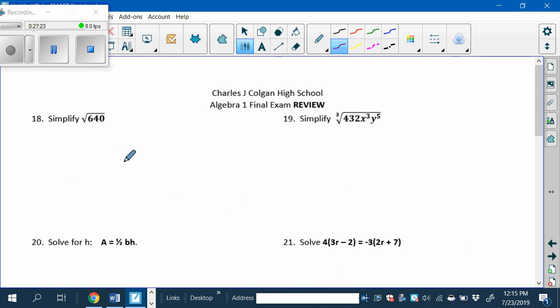So now, when we're simplifying this, we're taking the square root of 640. So I'm going to do prime factorization again. One of the easiest ways to divide this is by 5, right? So this is going to be 5 times, let's see, 640 divided by 5 is 128.